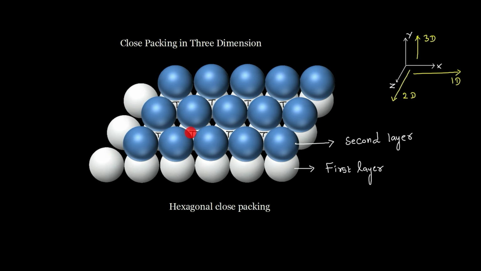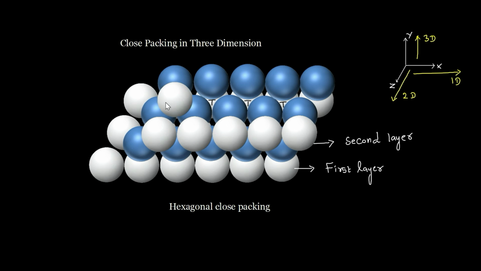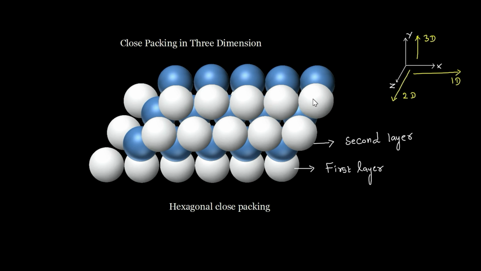And we shall locate the tetrahedral voids of these 2 layers. Now we are going to place the atoms of the third layer exactly above these tetrahedral voids. Now we have 3 layers of atoms.